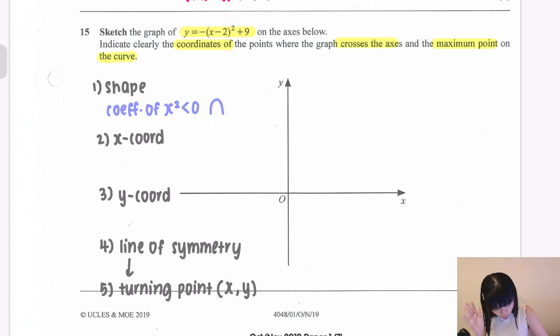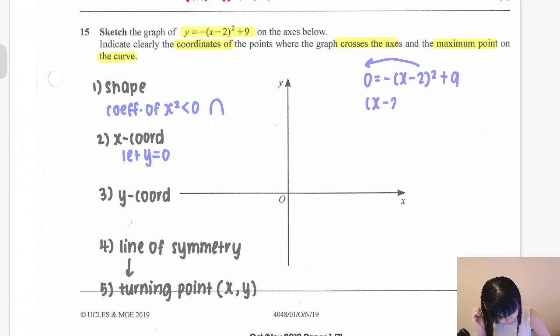To find the x coordinates, we always let y be 0. So if you let y be 0 here, 0 equals negative (x minus 2) squared plus 9. You bring this over, (x minus 2) squared equals 9. The opposite of square is square root, and whenever you square root, you have plus and minus. So you have plus and minus 3.